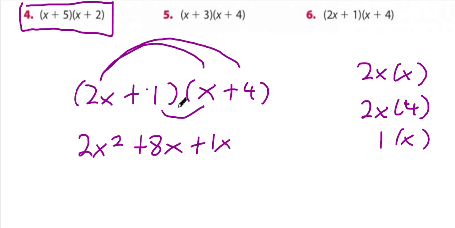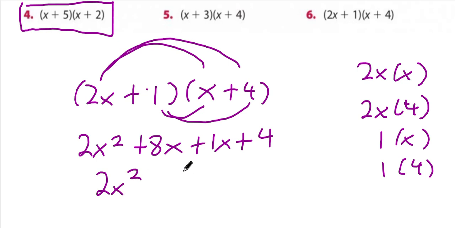And the last one is 1 multiplied by 4. Multiply, not add. 1 multiplied by 4 is 4. It's alright. You can't add the 2x squared. There's nothing to add it to. 8x plus 1x. 9x, and then the other one? 4.